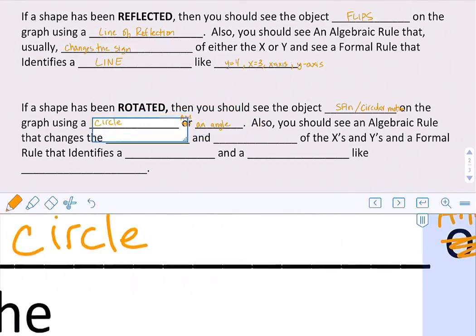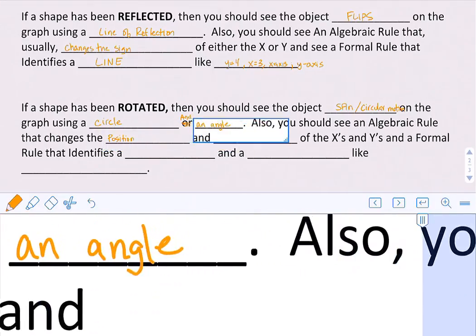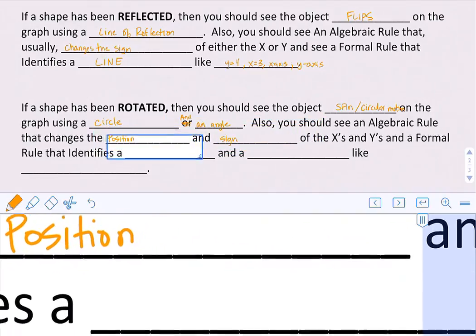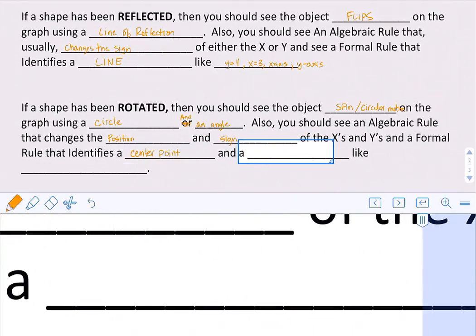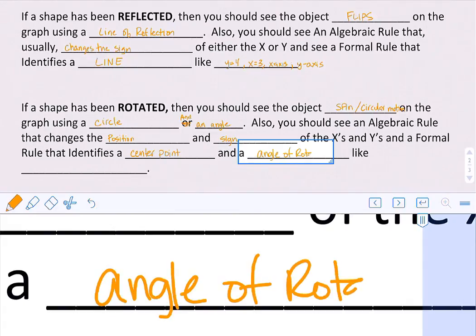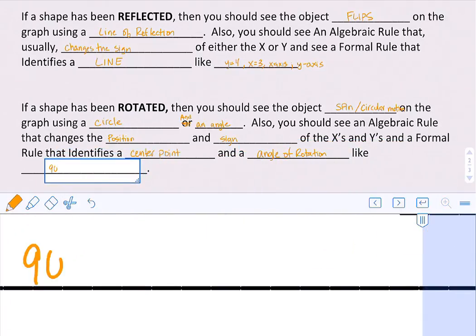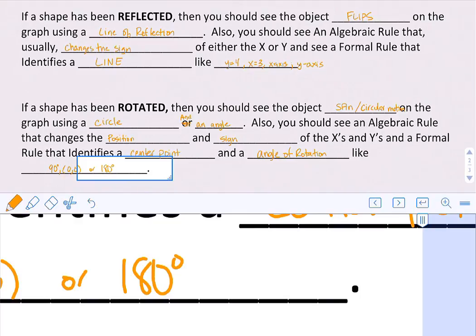You should also see an algebraic rule that changes the position and sign of the x's and y's, and a formal rule that identifies a center point and an angle of rotation. So just like 90 degrees around the point 0, comma 0, or you could say something like 180 degrees around the origin.